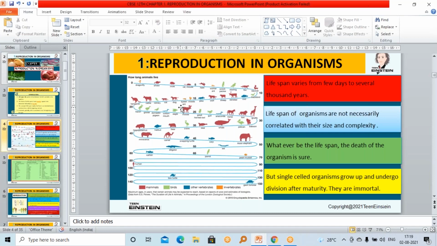The lifespan of organisms varies: in some cases it is a few days, in some cases a few hours, and in some other cases it is so many years. You can see here.